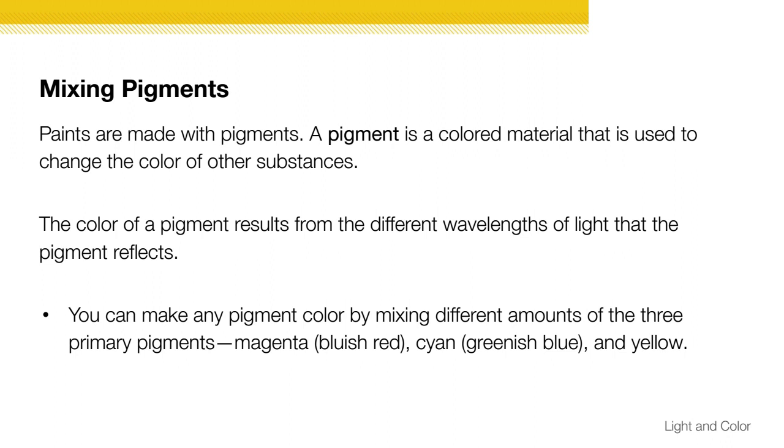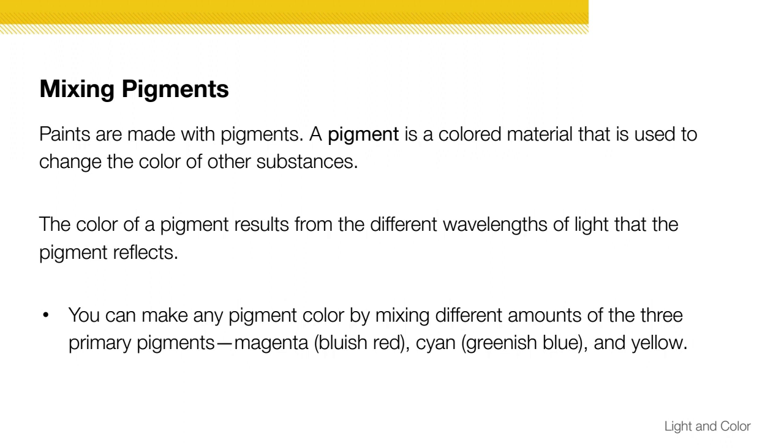So now our pigments. Pigments are colored materials, right? So it could be something like a paint, doesn't have to be. But basically, they mix up a bunch of substances that reflect certain lights, right? So if I wanted something pink and I know that these are the colors that reflect the right amount of red that I want or the right amount of white that I want, then I could mix them together and make a solid pigment.